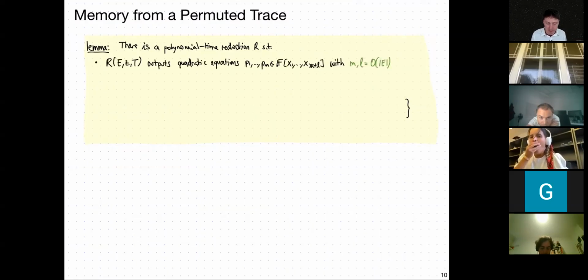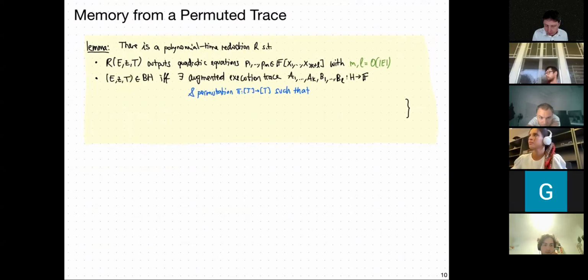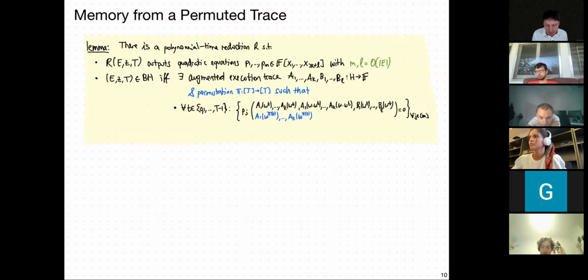So let's try to write it. We have a way to transform some algebraic machine into a list of quadratic equations such that it is a valid machine computation if and only if there is an augmented execution trace as well as a permutation of it, such that we have some number of equations that look at this time step and the next time step.